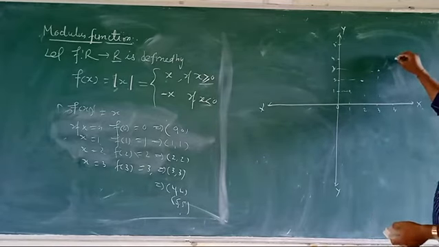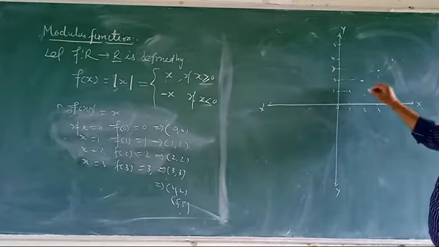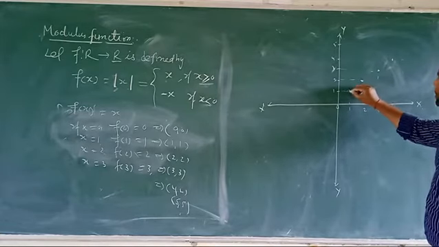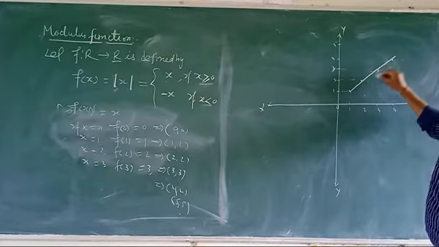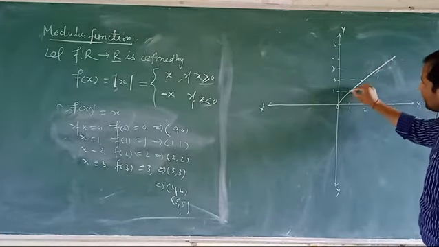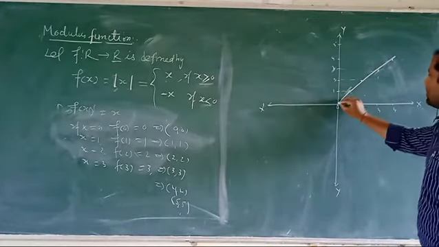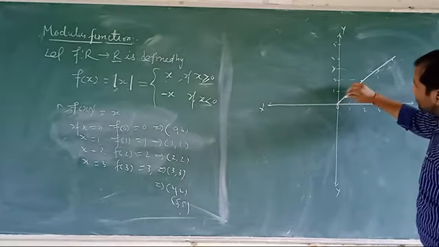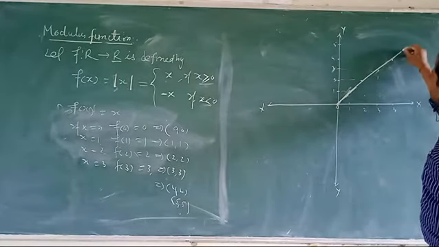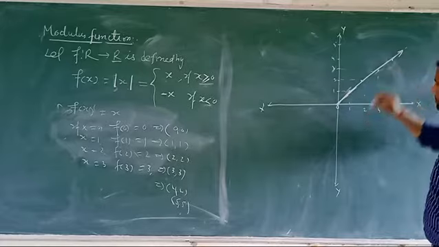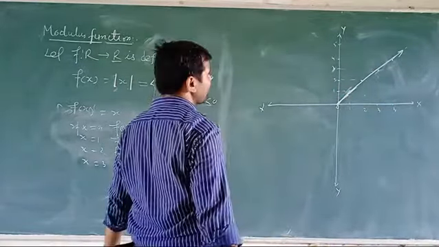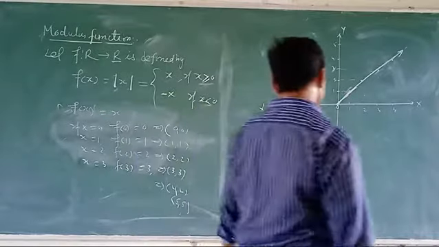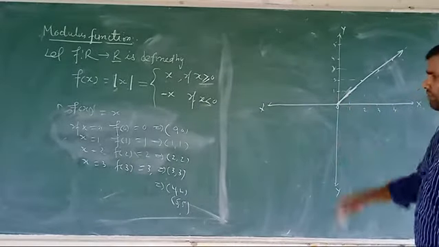Similarly we can plot the points on the graph paper and join all these points using a scale. So we shall get a straight line which passes through the origin and extends in both directions.